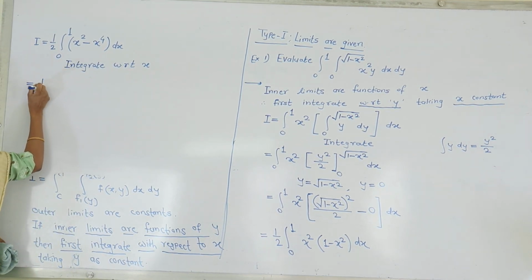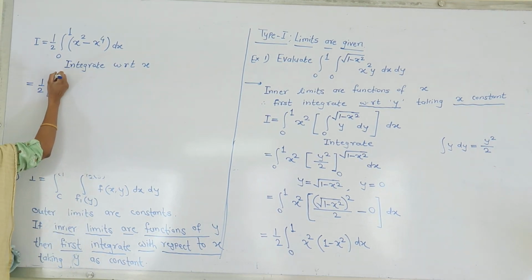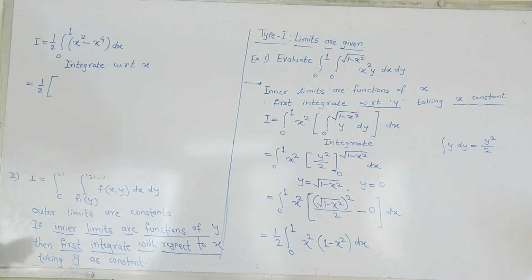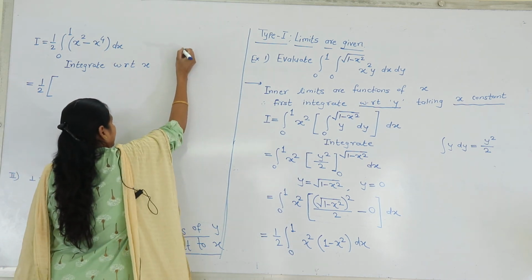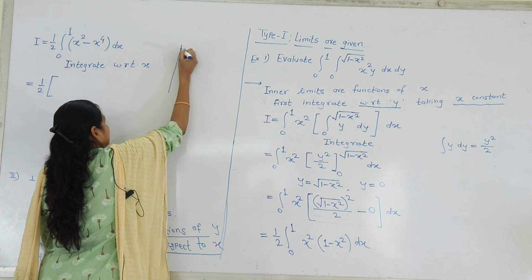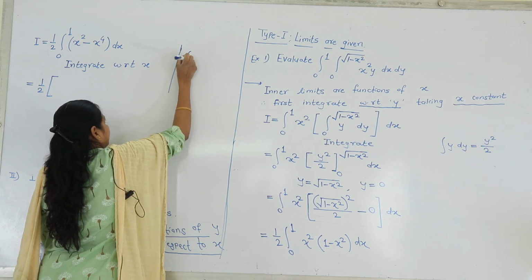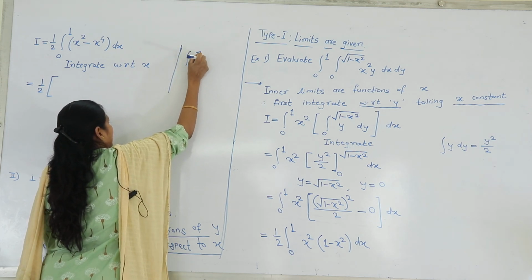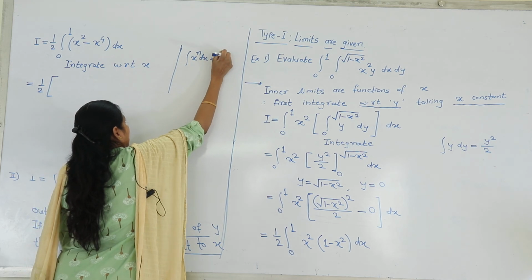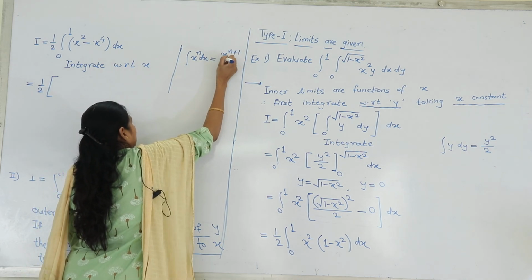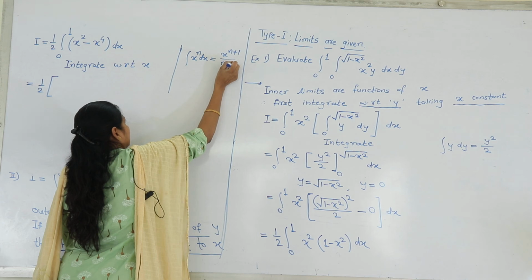One-half constant. Now for integration, take this square bracket. Use the integration formula: integration of x raised to n dx is equal to x raised to n plus 1 upon n plus 1.